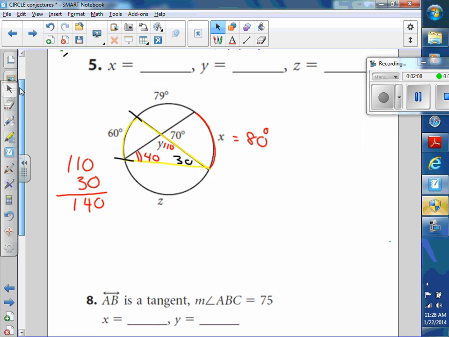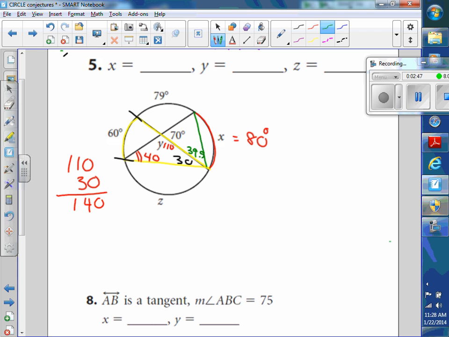Z? So to make an inscribed angle out of 79 to get Z, you could do different things. You can make an inscribed angle with the 79 right here, which gives 39.5.